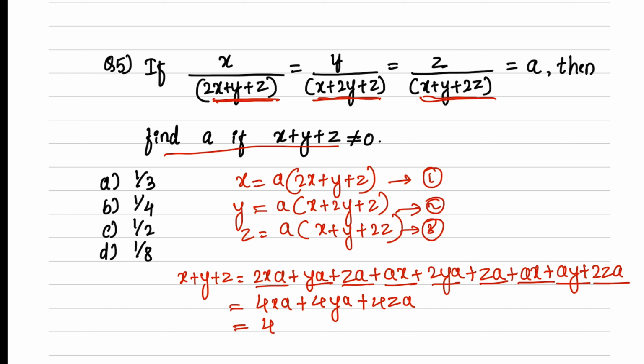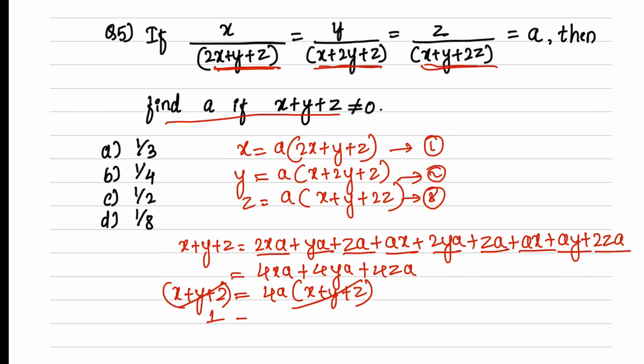So if you take 4a common, x plus y plus z will remain, and here also x plus y plus z. So these both will cancel, and here 1 equal to 4a, and finally a will be 1 by 4. Option B is the right answer.